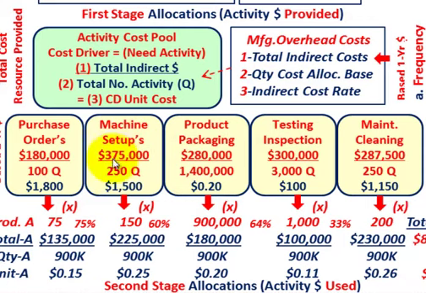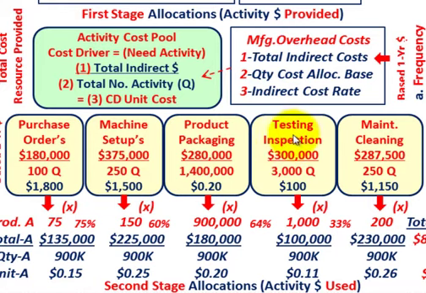Now the first two were really based on batch allocation, whereas this is a unit per unit allocation. So $280,000 for our packaging indirects divided by 1.4 million units that we're allocating over. So that's 20 cents a piece on a unit basis.